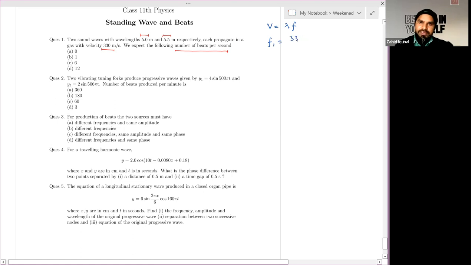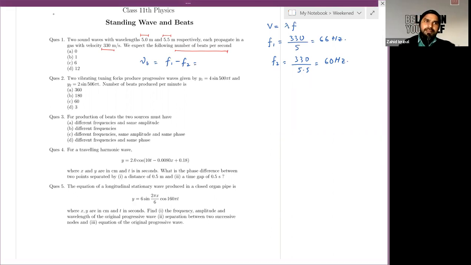Velocity we have 330, wavelength 5. So you'll get 66 hertz for this part. Similarly, for f2, 330 divided by 5.5. So it will be about 60 hertz. Now we have to calculate beats frequency. So it will be the difference of frequency of two waves. Just subtract these two, you'll get your answer. Good, Mamuna.